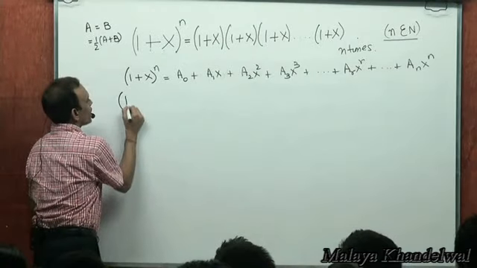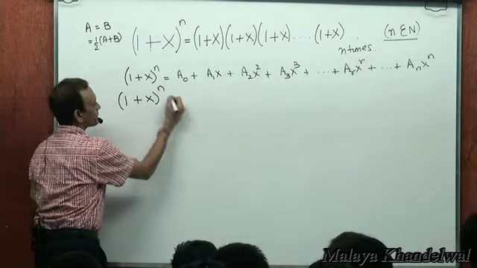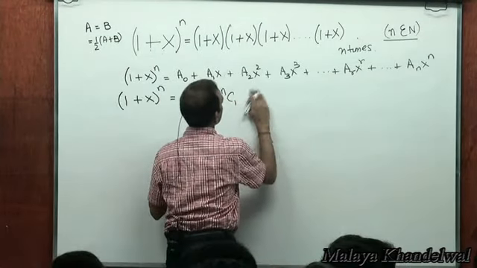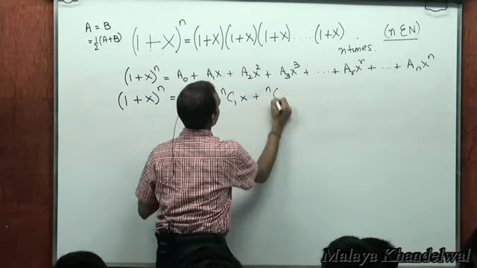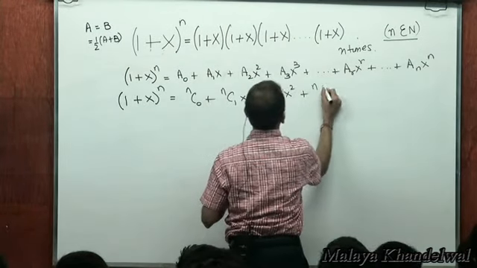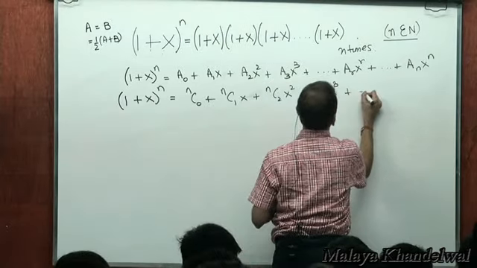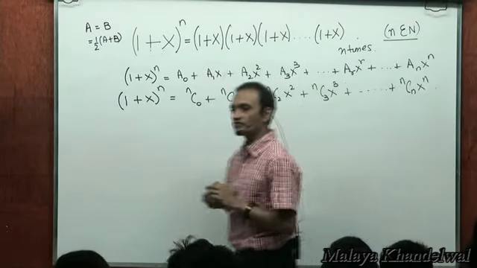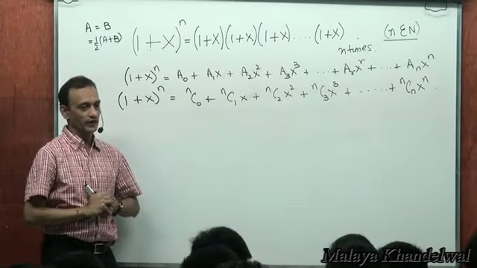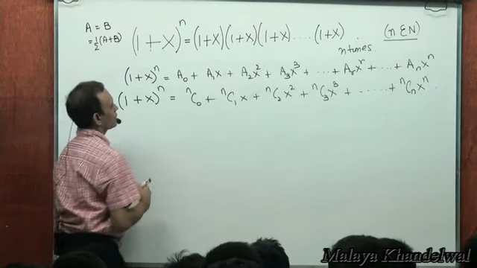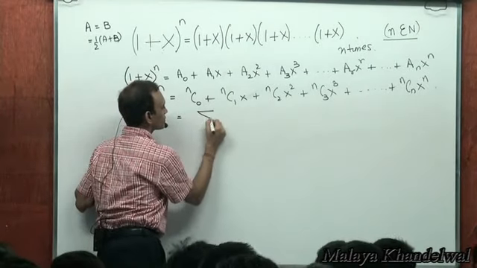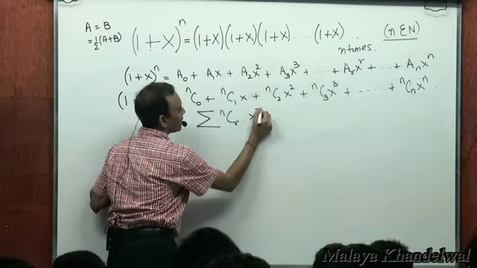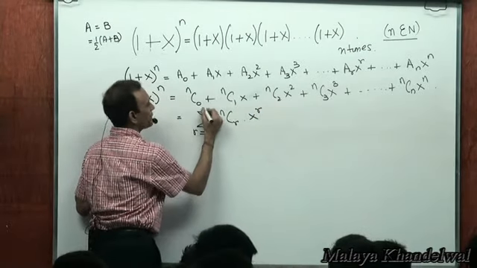Now, to write it in this format, it is NC0 plus NC1x plus NC2x squared plus NC3x cubed, up to NCN x power n, which is actually summation NCR x power r, r equal to 0 all the way to n.